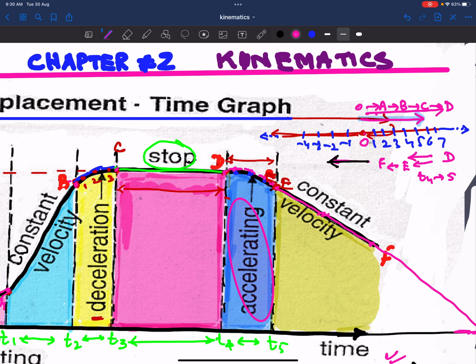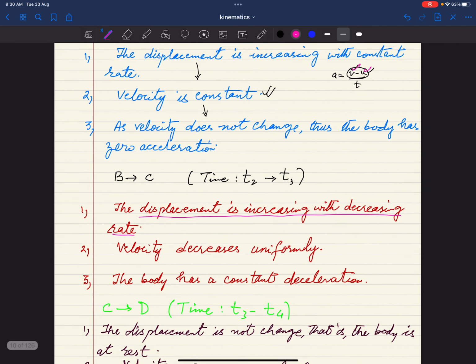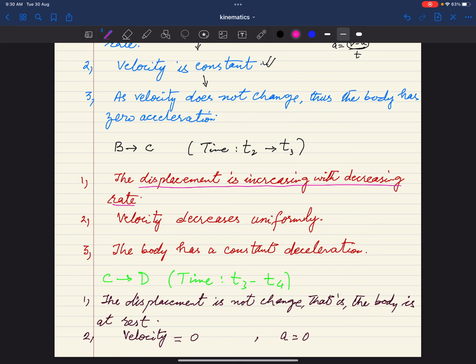So as we have just mentioned here, that B to C, the displacement is still moving, but what is happening, simply you can say that B to C, here we have a situation where the displacement is increasing with decreasing rate, velocity decreases uniformly. The body has a constant deceleration.